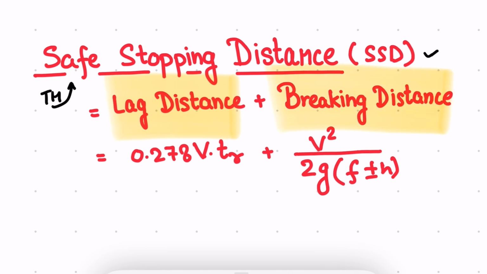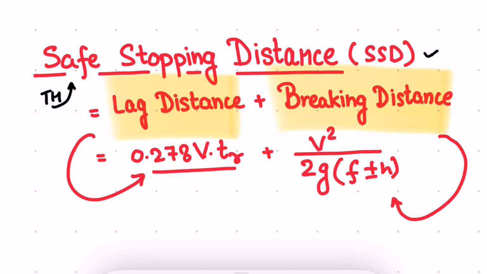While your lag distance takes into account the psychological parameter, your braking distance takes into account the distance covered after the brakes have been applied. And the formula for lag distance is 0.278 V into TR, and the formula for braking distance was V square by 2g (f plus minus n), where V is in kilometer per hour.